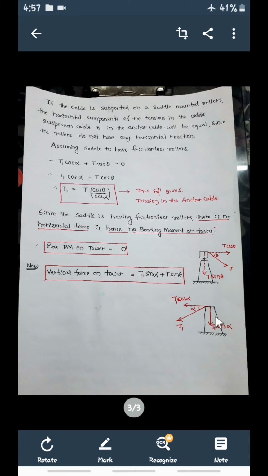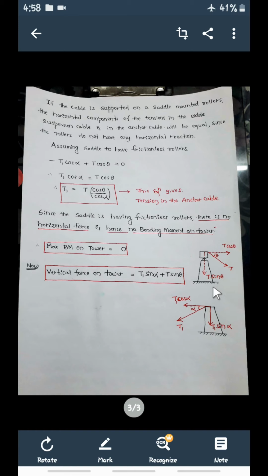If you add these two, the summation will give the vertical load on the tower, and the horizontal part is equal to 0 because of the frictionless roller. So for the second arrangement there is only vertical force on the tower.